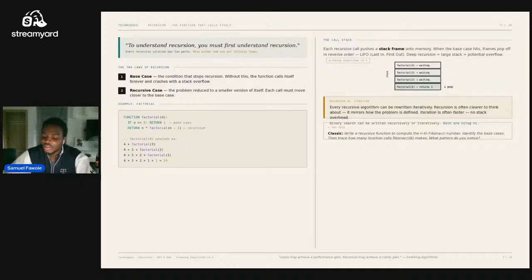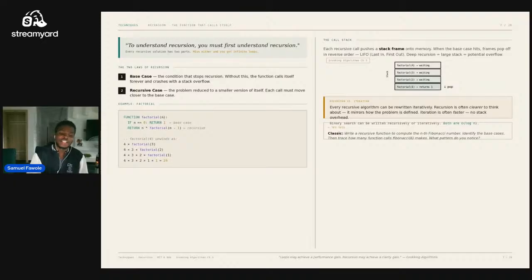So what is 4 factorial? 4 factorial is 4 times 3 factorial. Then what is 3 factorial? 3 factorial is 3 times 2 factorial. 2 factorial is 2 times 1 factorial. So what is 1 factorial? 1 factorial is 1. And that 1 factorial that is 1 is our base case.